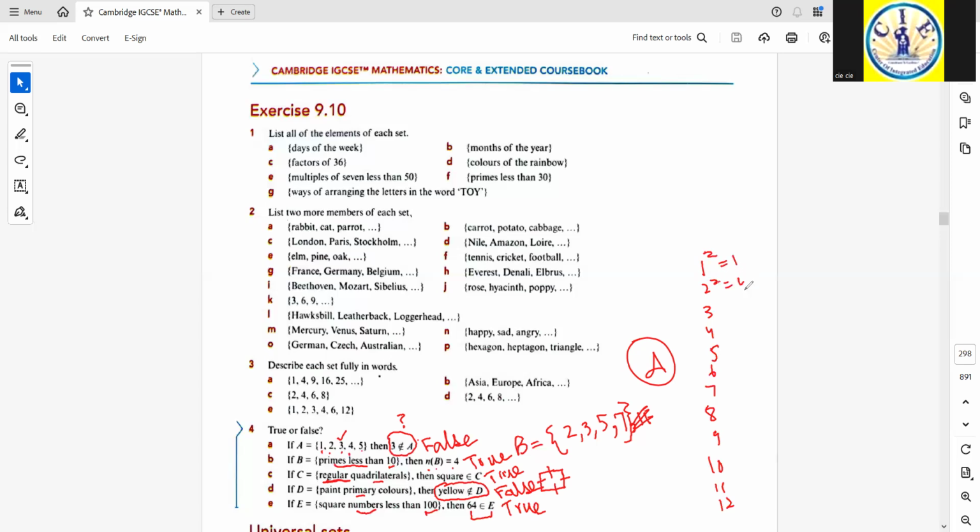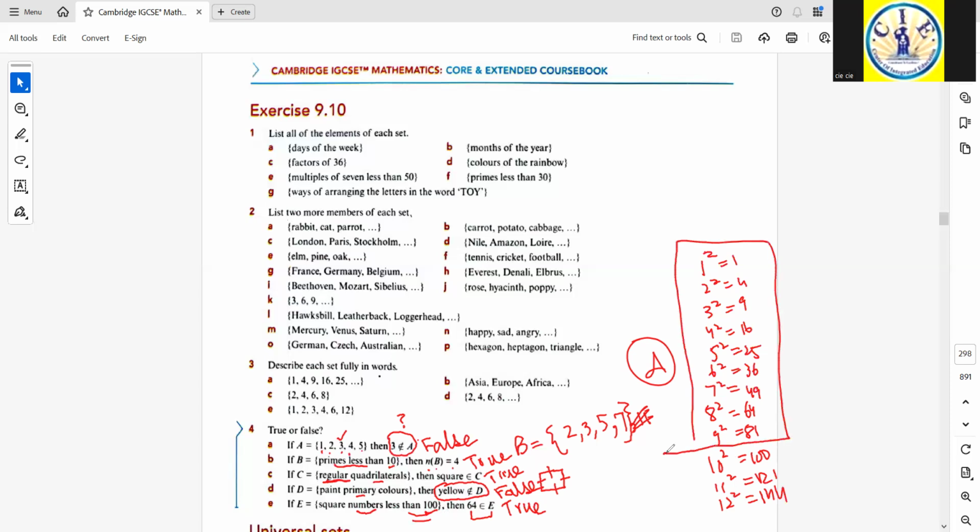Square of 2 is 4, 9, 16, 25, 36, 49, 64, 81, 100, then 121, 144. We had less than 100, so we need to retain ourselves up till here. These are the numbers greater than 100. We do not need to include them.